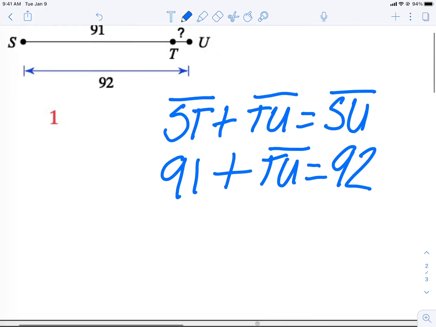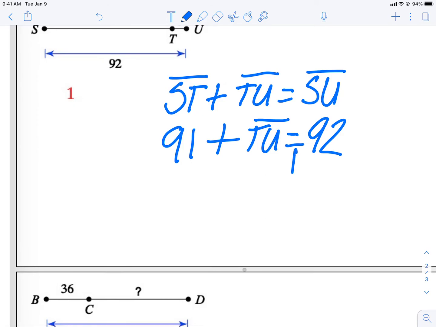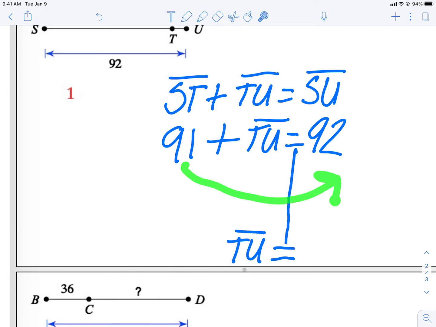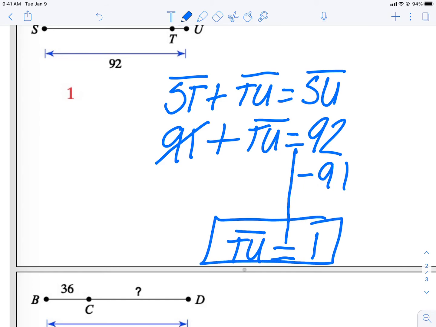So we do our one-step equations. We draw our equal sign, we draw our line of separation, we draw our equal sign. My TU is going to come down because that's what I'm looking for. My 91 is going to come over as minus 91. So cross it out, and I say minus 91. 92 minus 91 is 1, right?